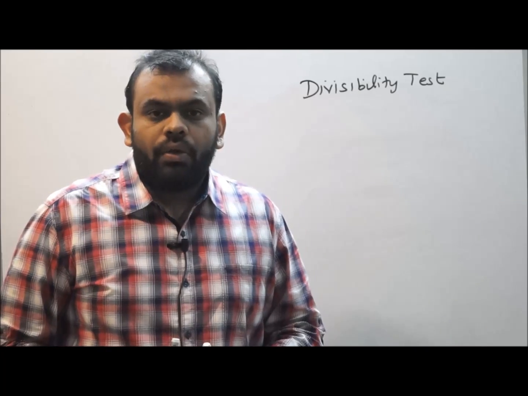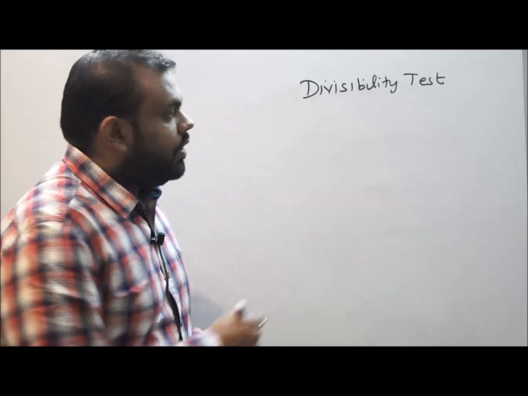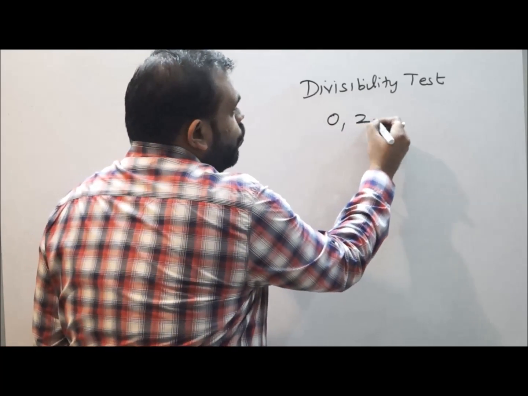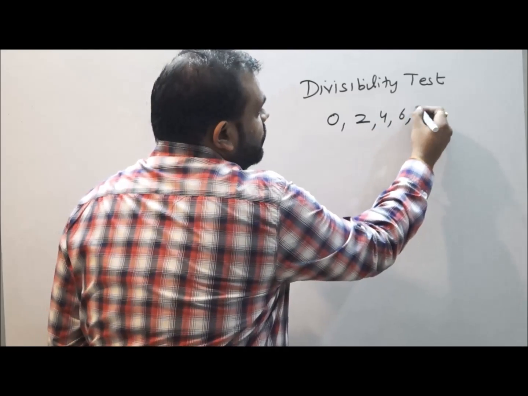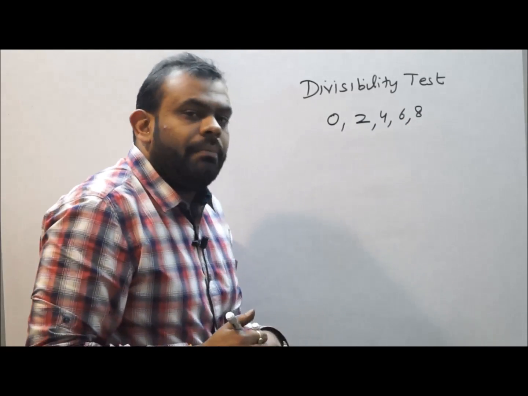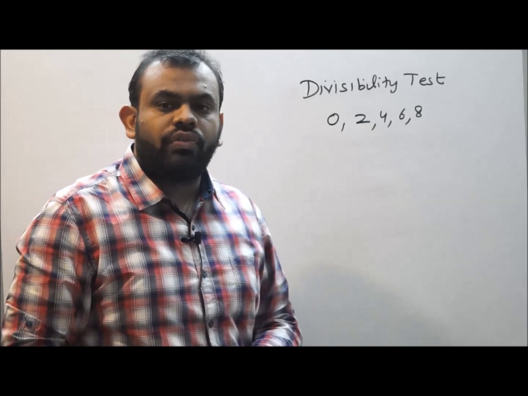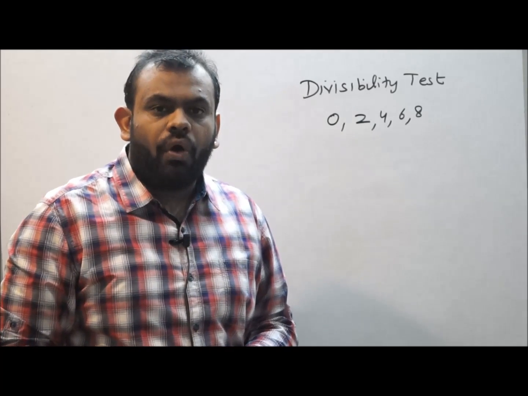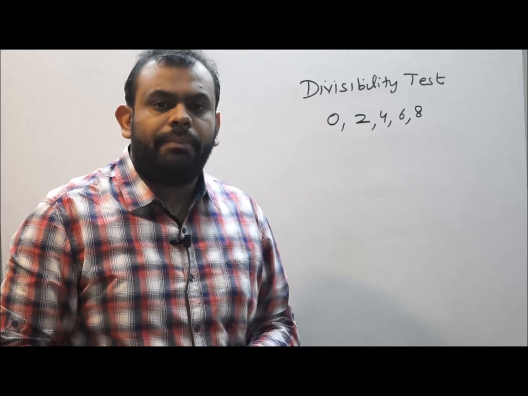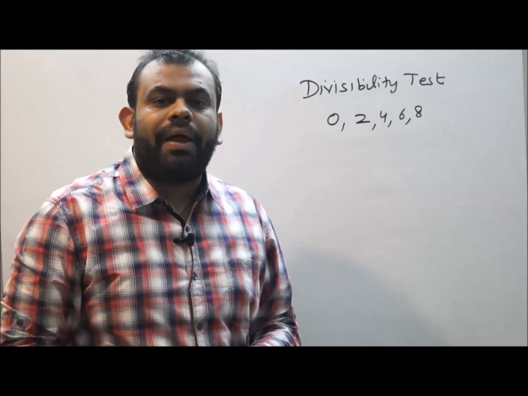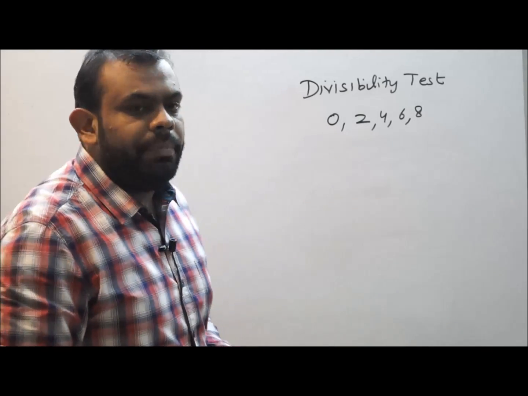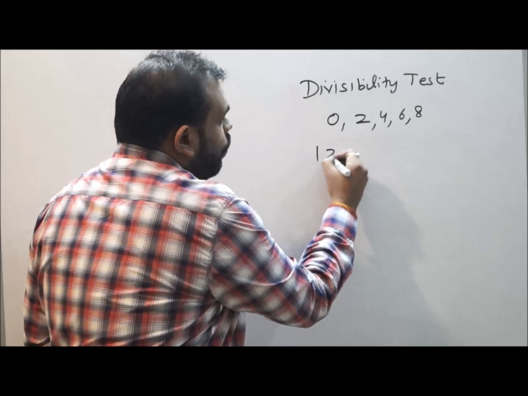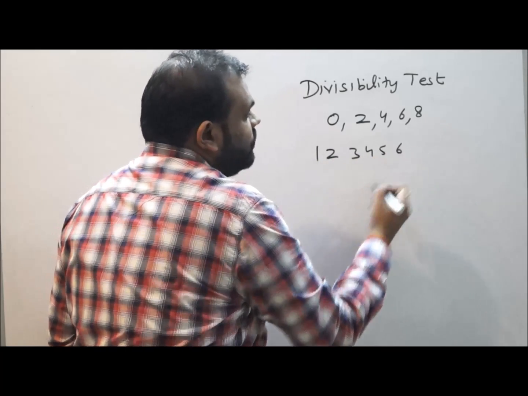A number which is ending with 0, 2, 4, 6, 8. Any number which is having 0, 2, 4, 6, 8 at the units place or at the last place of any big number is divisible by 2. Let us say, for example, I have a number 123456.